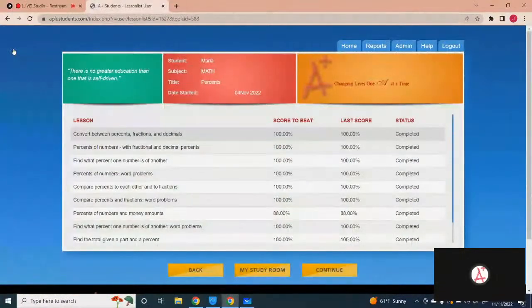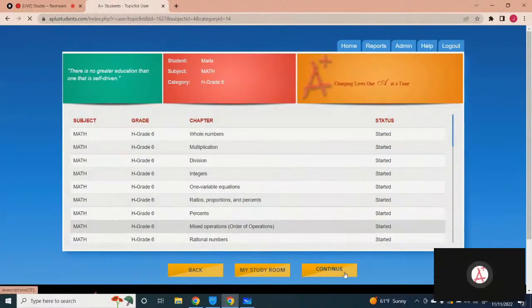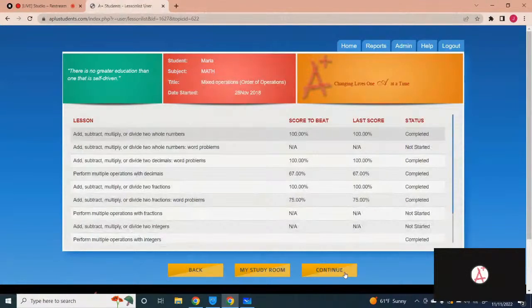Let me just move on to the next topic. Next topic means next chapter. Let's click on the back button and see which one is the next. The next one is mixed operations, order of operations. Let's start with the first topic, add, multiply.